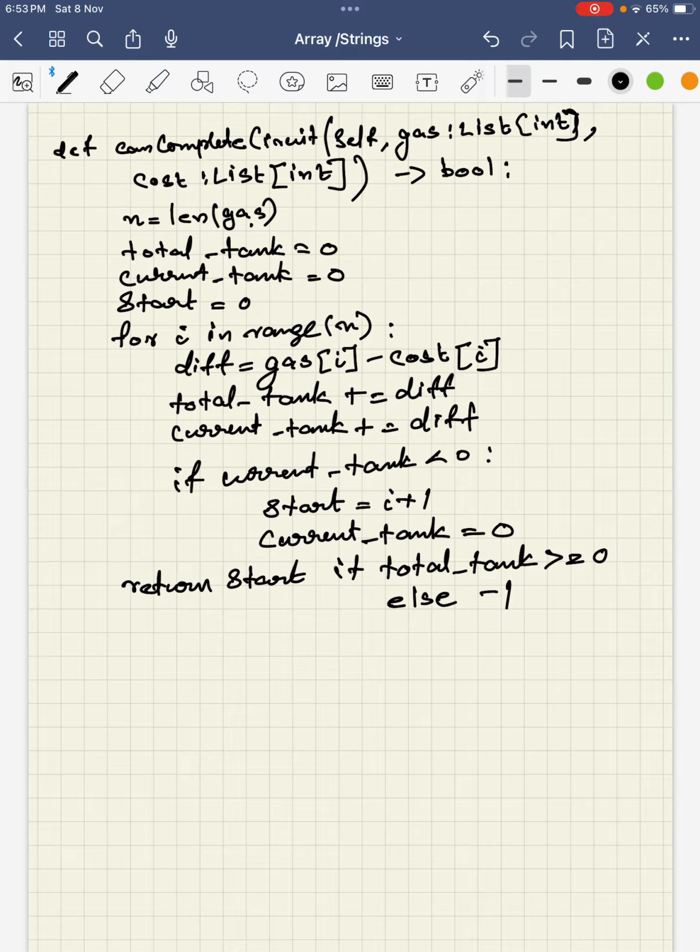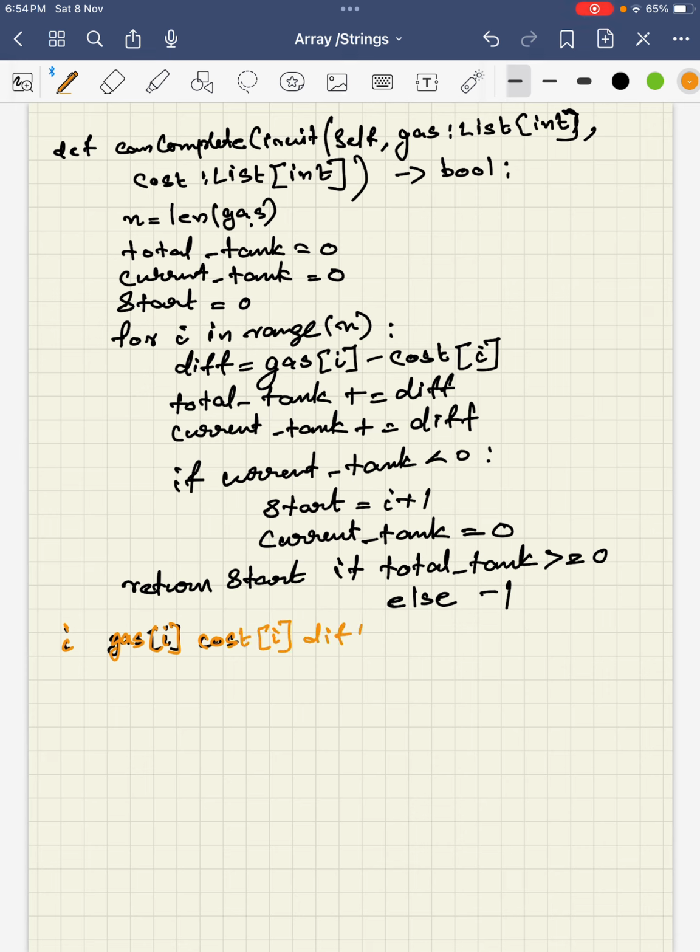So basically there is one index which is flowing, then there is gas of i which we are keeping track of, there is cost of i, we can write it in a different color, gas of i, cost of i.